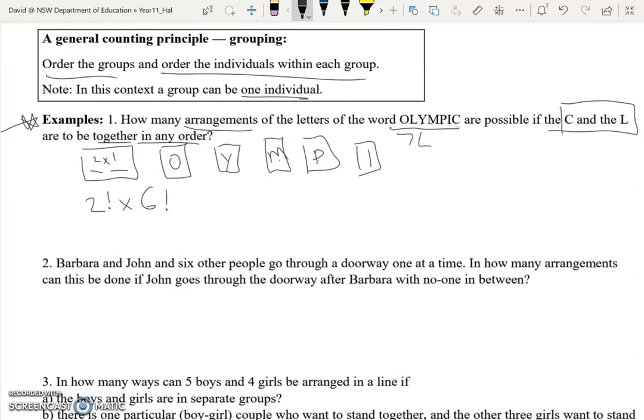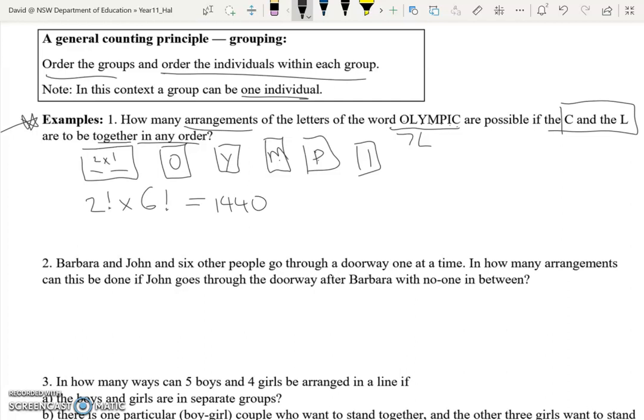We've got 6 factorial blocks, 1 less than the letters that we've started with because we've paired 2 of them together. So this first 2 factorial is for the pairings of the C and the L, switching their order around. And the 6 factorial comes from the fact that we've got 6 blocks there. So when we do that, we get an answer of 1440.